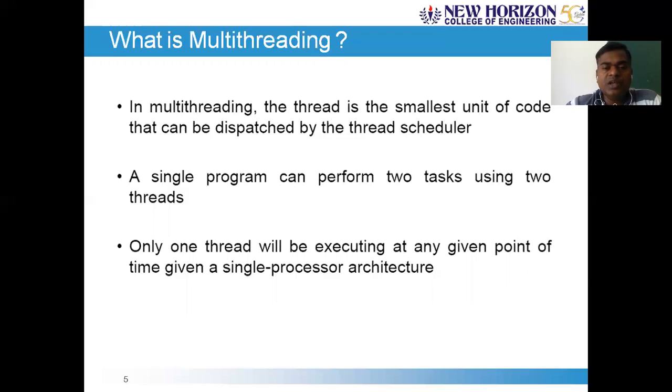When a process is running, a memory space or program segment will be allocated for that process, and that will be shared by the multiple threads. Whereas in the case of multitasking, each individual process will have its own memory space for carrying out the task. That is the one major difference between multitasking and multi-threading.